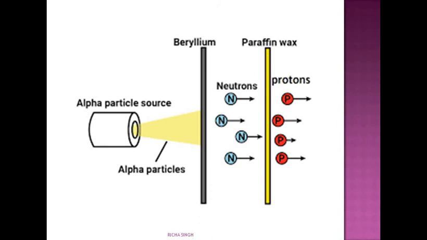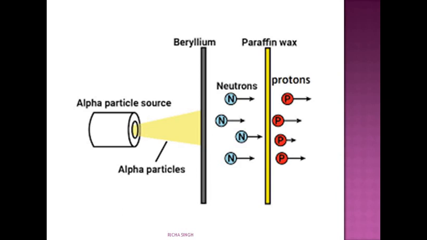The neutron is a neutral particle found in the nucleus. An atom of all the elements consists of neutrons except hydrogen, which does not contain a neutron. You should remember this. The subatomic particle not present in the hydrogen atom is the neutron.